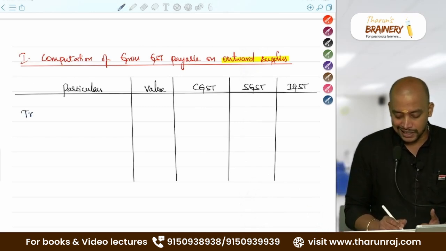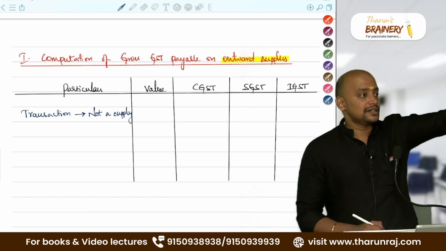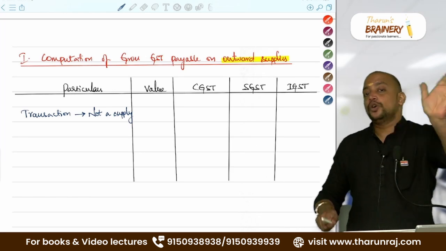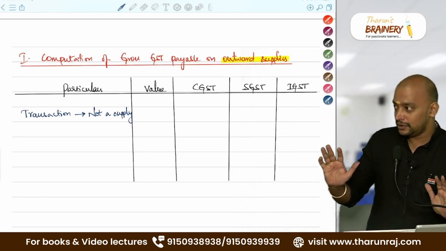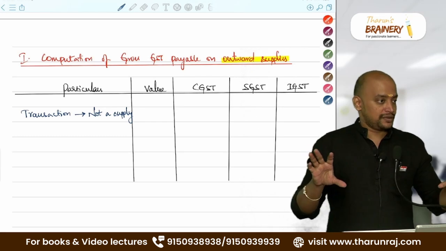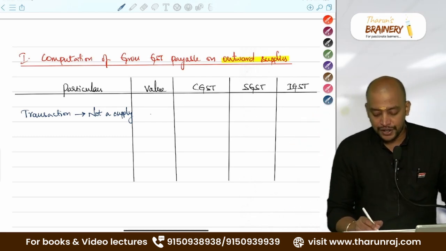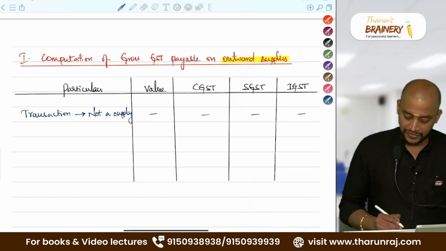If that transaction is not a supply, you write why it is not a supply. In exam, in this place itself, don't write a note separately below. In the table itself you write down, and value you don't have to take, CGST, SGST, IGST no need to take.